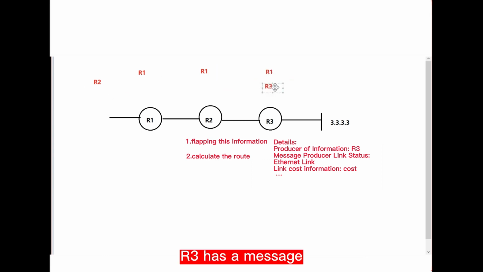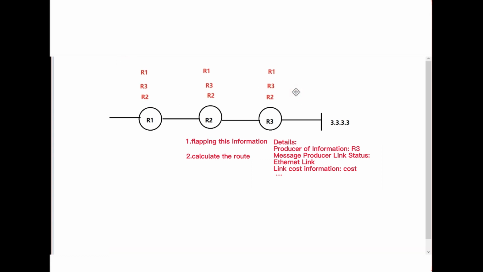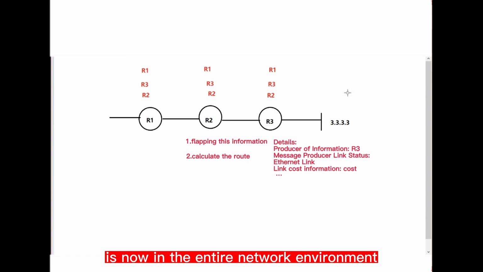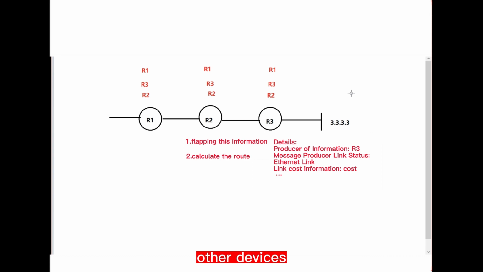If R3 has a message, R3 passes it to R2, and R2 passes it to R1. If R2 has a message, R2 passes it to R1 and also to R3. So eventually, in the entire network environment, all devices can get information about other devices.